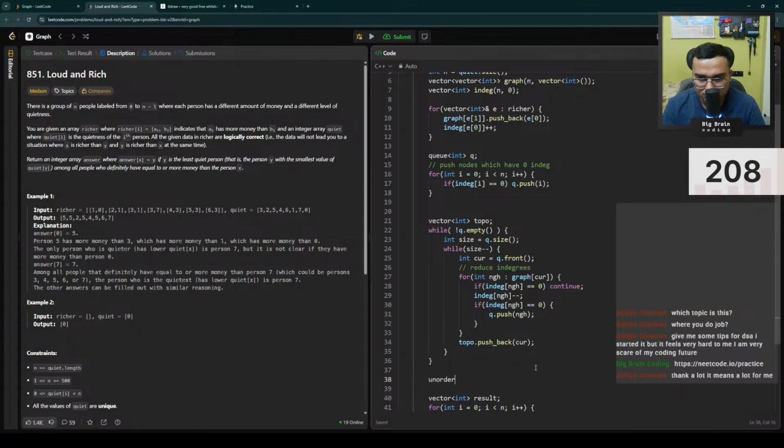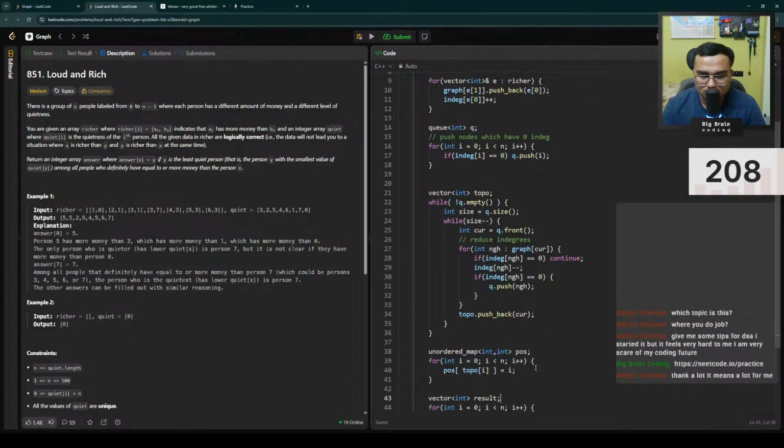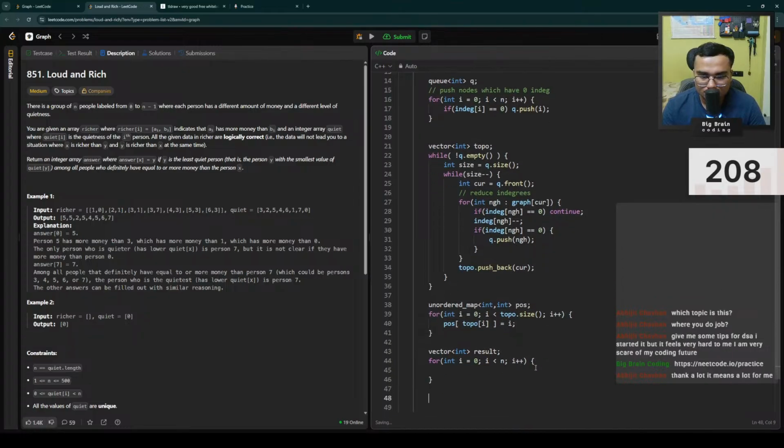So unordered map int, pos. For i equals 0, i is less than n, i plus plus, pos of topo of i equals i, right? To make it more clear, this should be this, right?